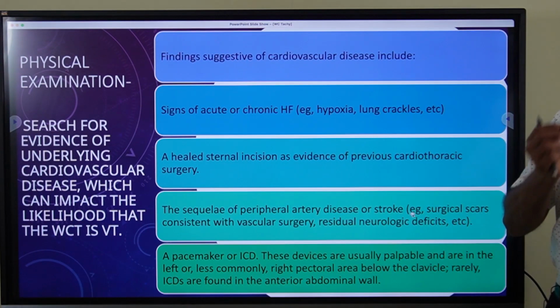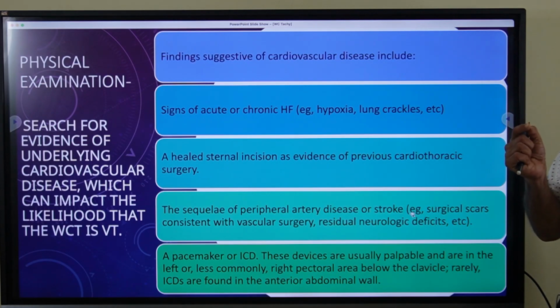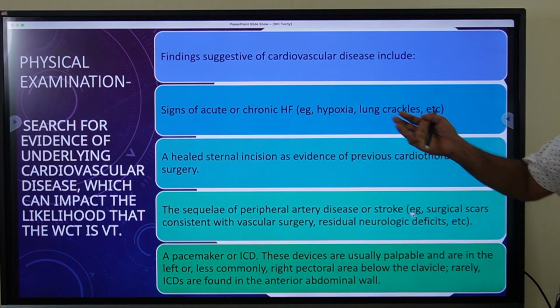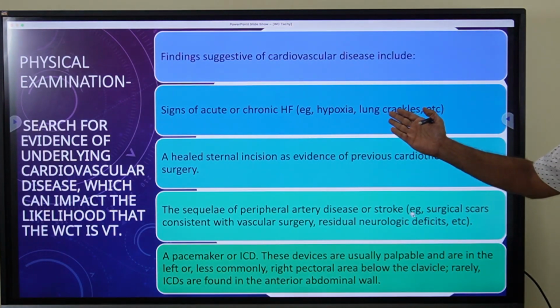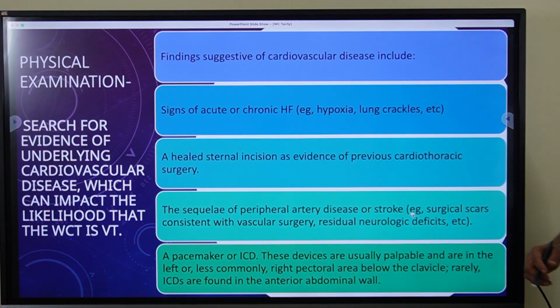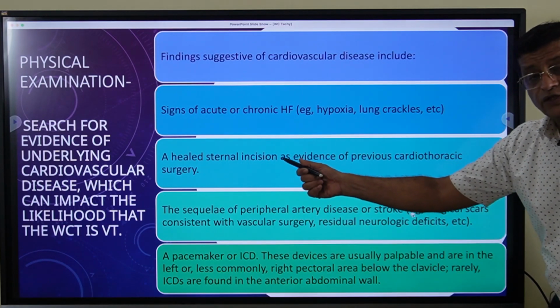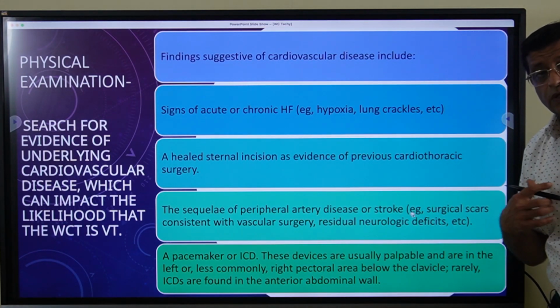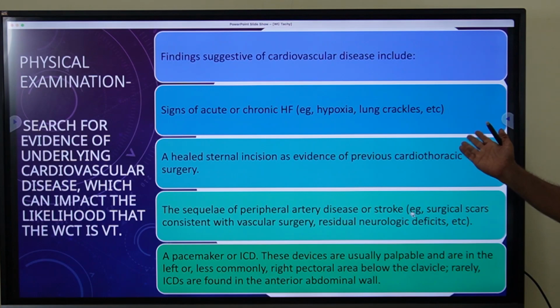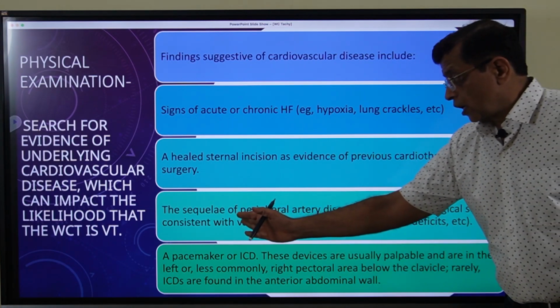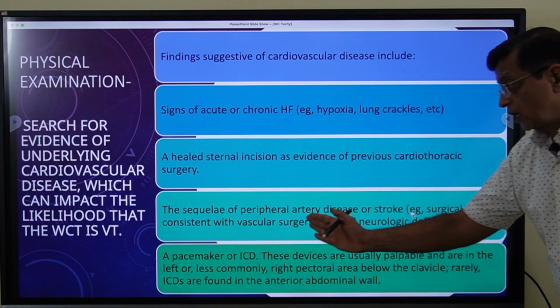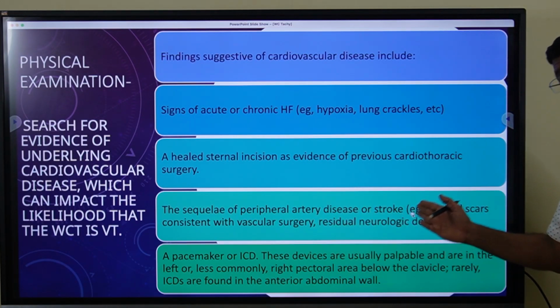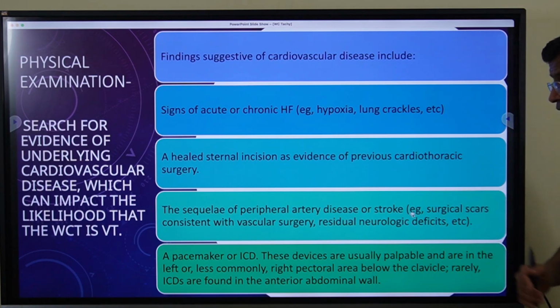Physical examination: do a short physical examination to see whether the patient has some structural heart disease, like whether there is a sign of heart failure, acute or chronic, whether the patient is hypoxemic, and whether there is a healed incision of the sternum, suggesting that he underwent a cardiac surgery, or there are sequelae of peripheral arterial disease or stroke, for example surgical scars of vascular surgery or residual neurological deficits.